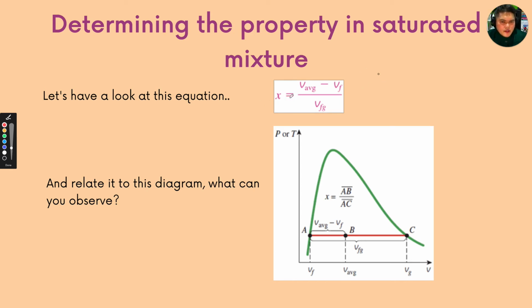Once we are able to determine the X value, we can determine, for example, the U average, the internal energy average, or the enthalpy average. By rearranging the equation, once we know the X value, we'll be able to know the U average, V average, or H average.